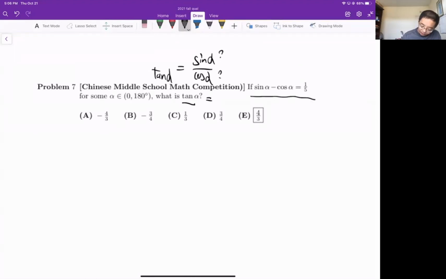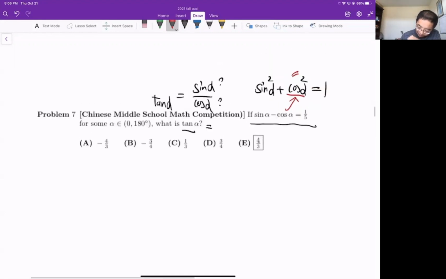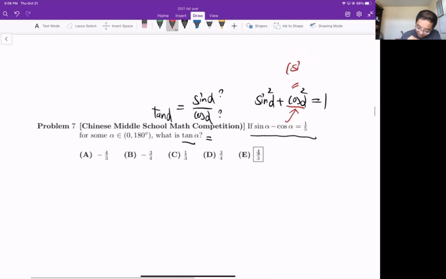Here we have one equation that tells us the relation between sine and cosine, and also we have the identity cosine alpha squared plus sine alpha squared equals 1. So this is a universal identity. All right, say we want to find sine alpha first. We can just replace the cosine alpha, so cosine alpha equals sine alpha minus 1/5.